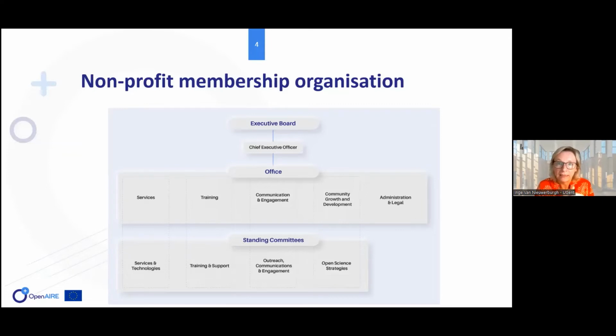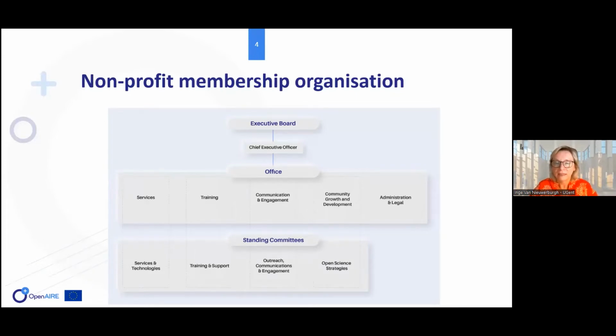organization. There is a general GA, of course, which is the ultimate deciding body of OpenAIRE, of which I am the chair. Then the executive board is like a strategic board to guide OpenAIRE through strategic decisions and how to develop OpenAIRE.